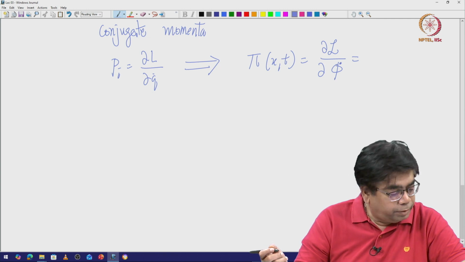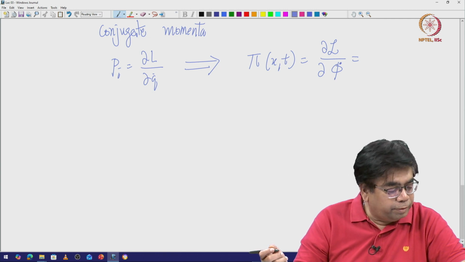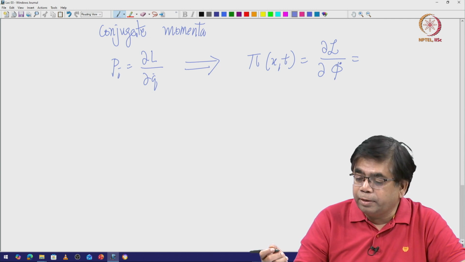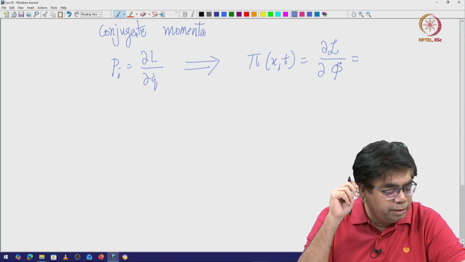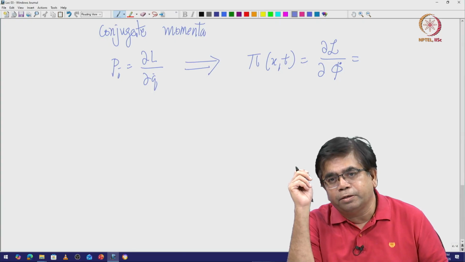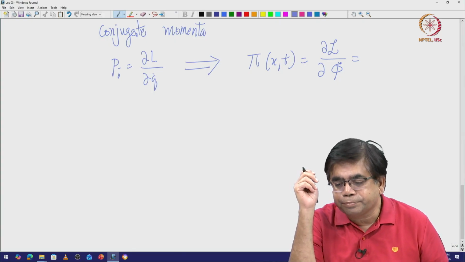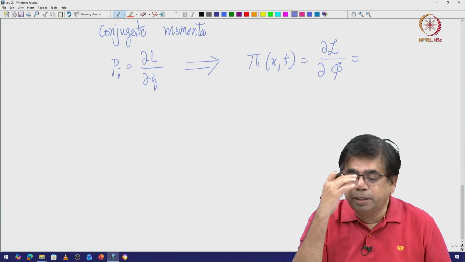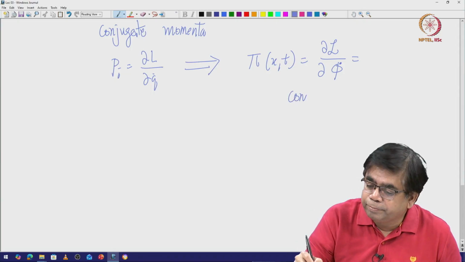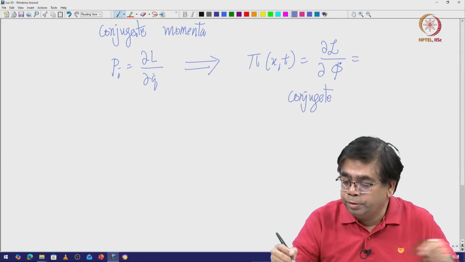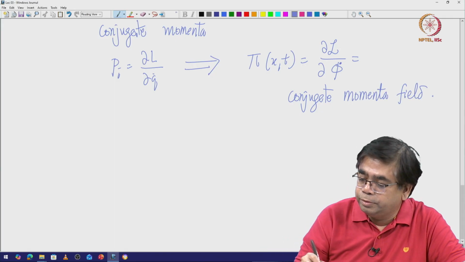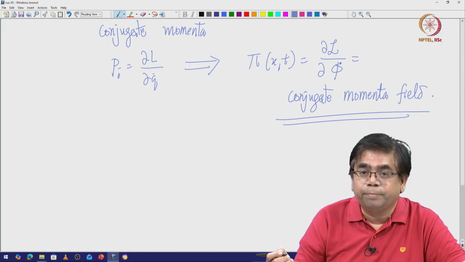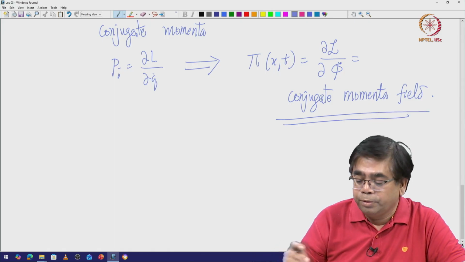Okay. Now this is del L by, because this is for the scalar field, this just becomes simple essentially. So this is the definition of the conjugate momenta field. Okay.